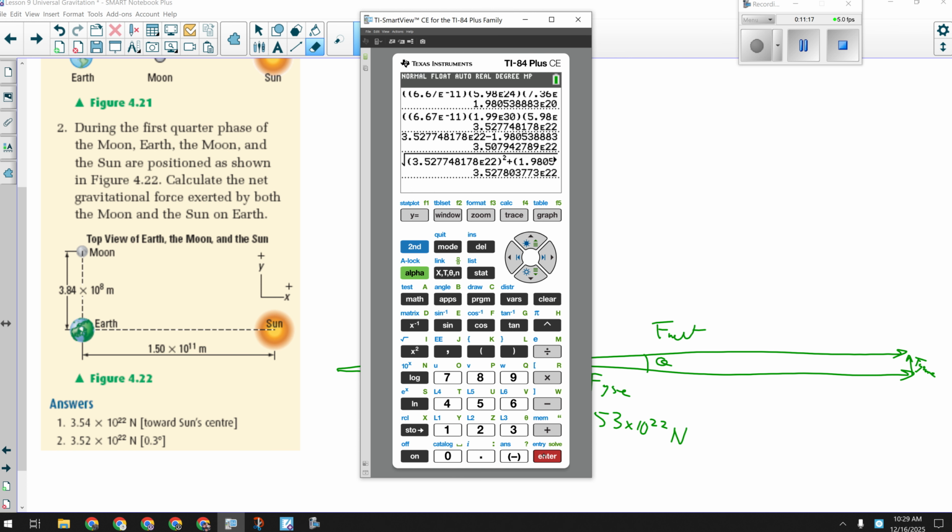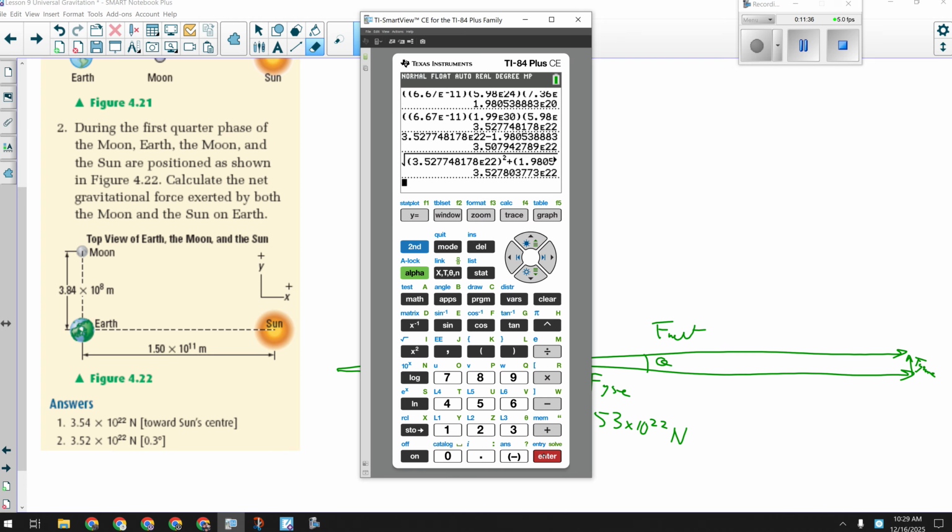So I get 3.53. It barely changes the number, does it? It goes from 3.5277 to 3.5278. Doesn't really make much of a difference, does it? So that number is only negligibly bigger than the number we had already.